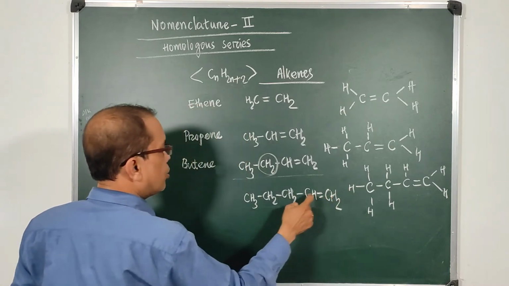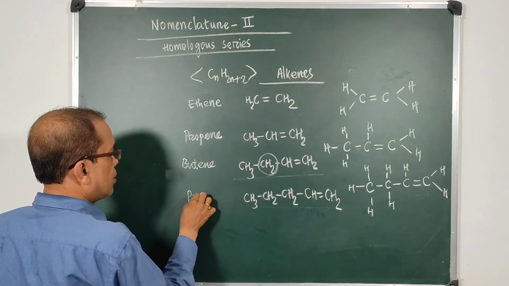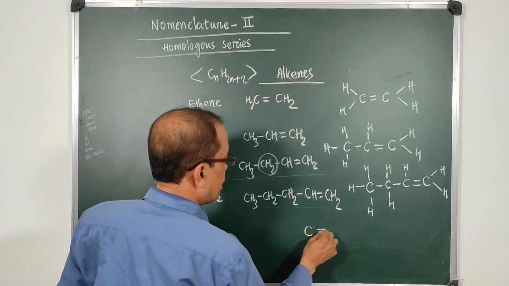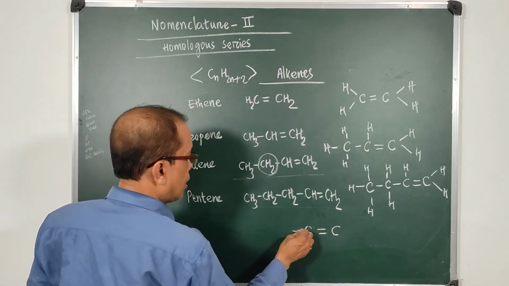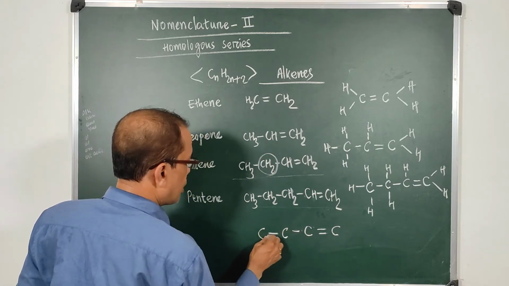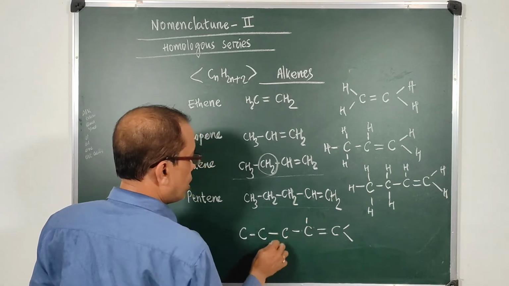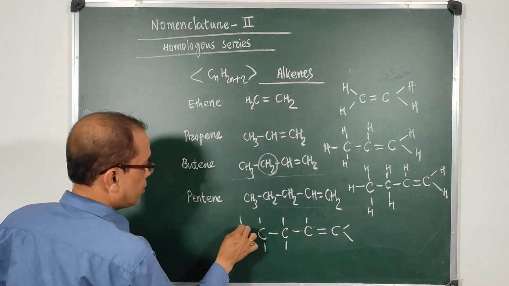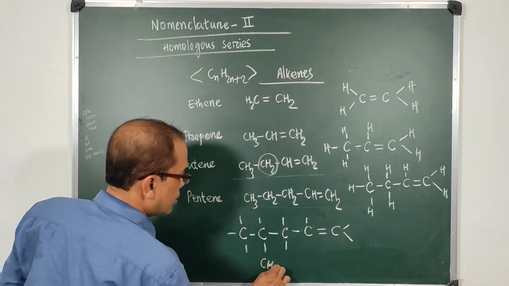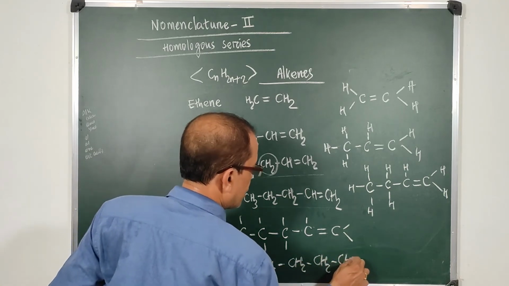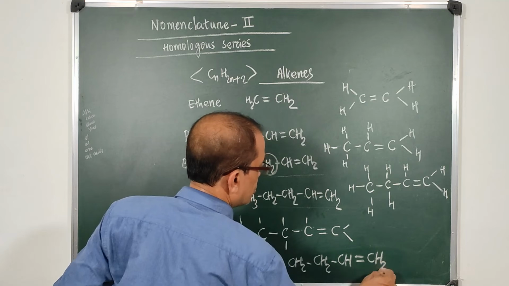Which will be 1, 2, 3, 4, 5. So pent and a double bond, so ENE. See, there is a double bond here and 3 more atoms of carbon connected to it. This has 2 positions, this has 1, this has 2, this has 2, this has 3. So CH3, CH2, CH2, CH double bond CH2.